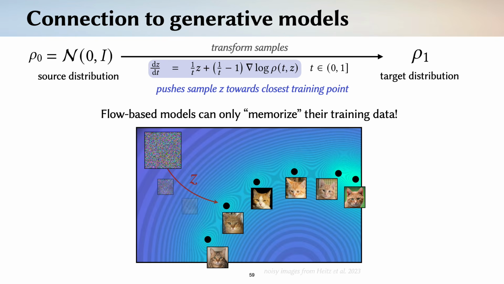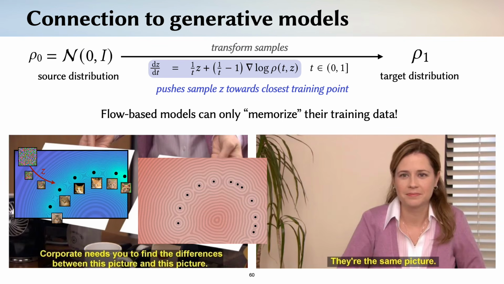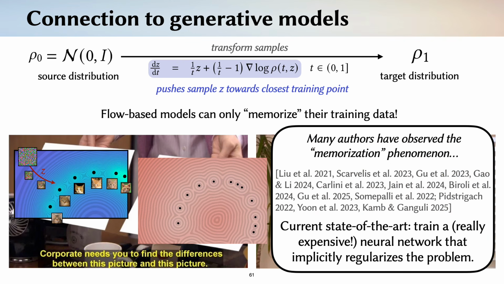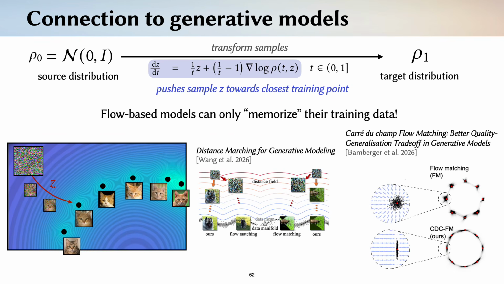They simply reproduce the discrete distribution of the training examples, and this is exactly the same reason why naive distance formulas fail to generalize. The current state-of-the-art in generative modeling is to train a huge neural network. Very recently, some authors have begun to explore more geometry-based ideas, and I don't see why there can't be more.